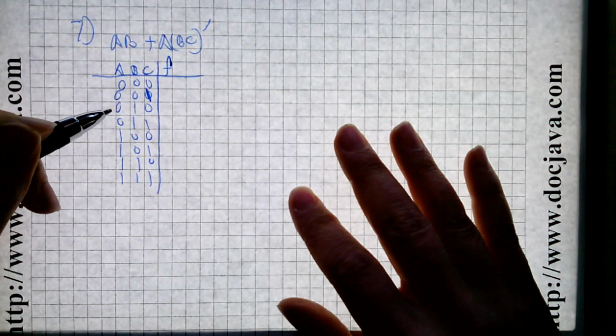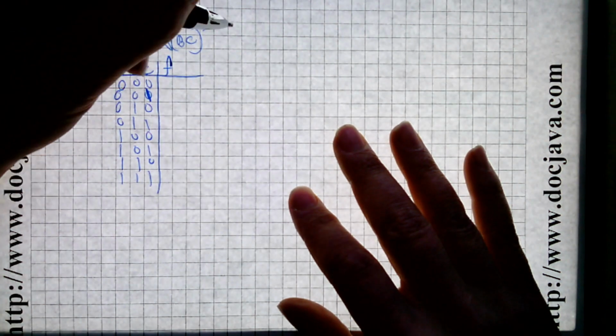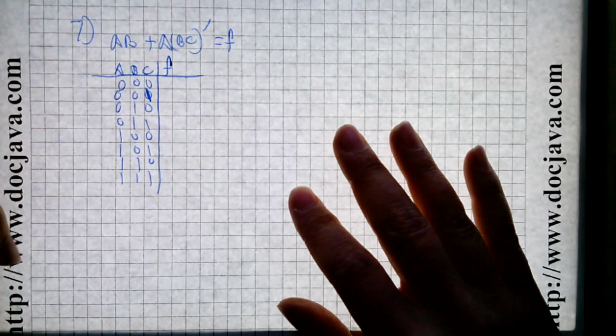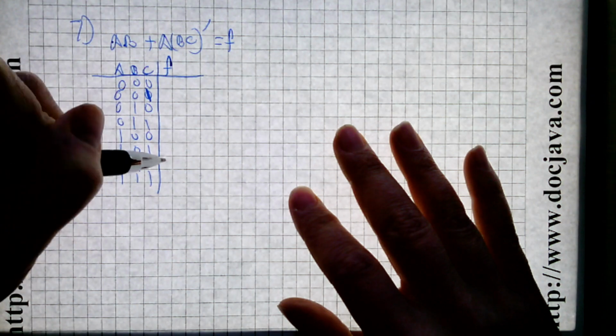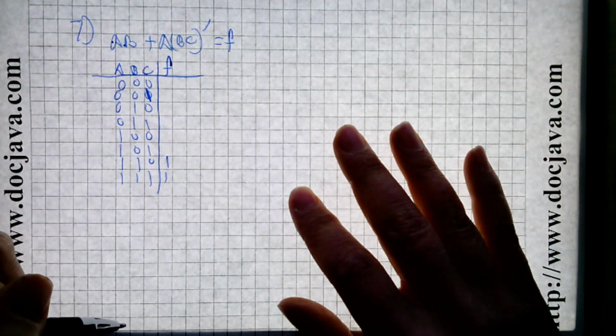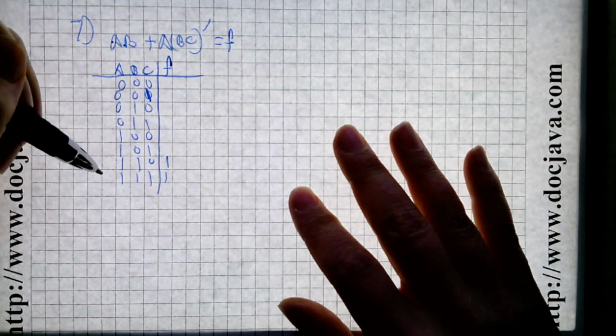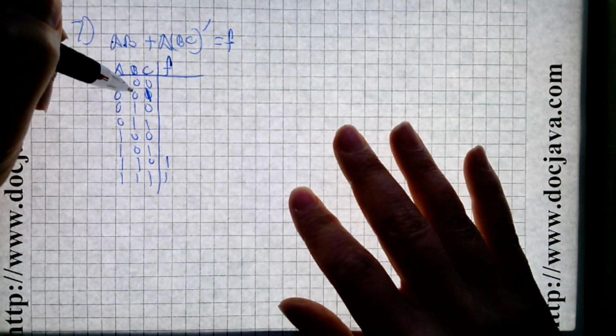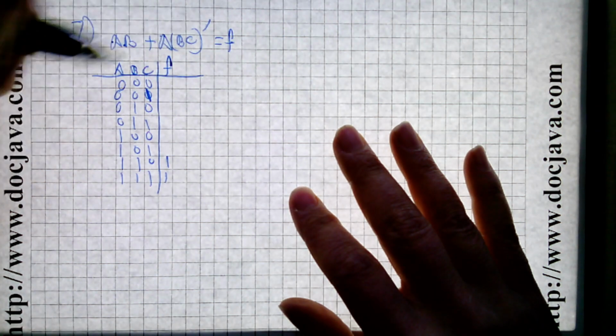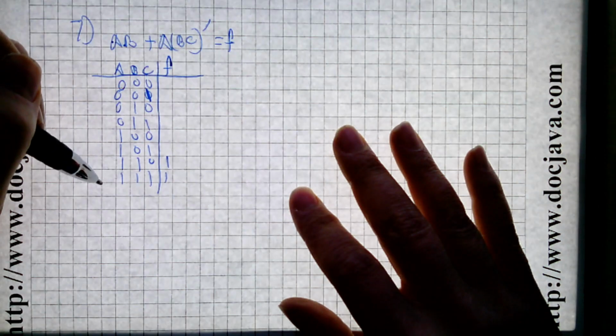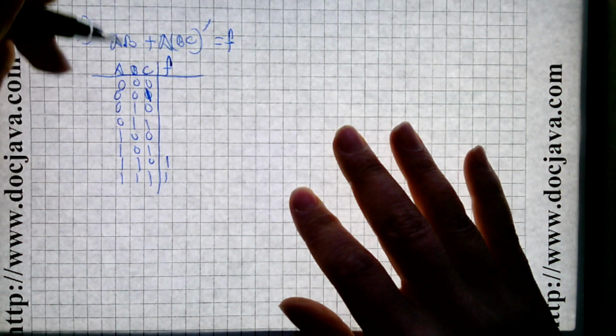Now, it says here, f will be true if a and b are both equal to 1. So that's going to be here and here. It says f is going to be true if a is a 1 and bc inverted is going to be true.